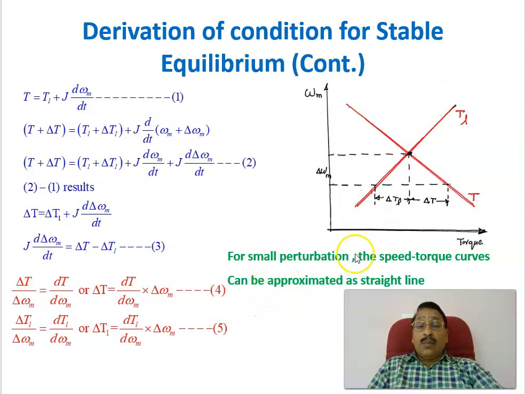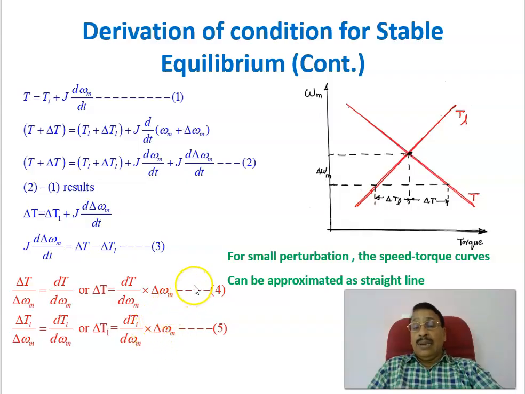Now for a small perturbation, the speed torque curves can be approximated as a straight line. That is, if the disturbance is very small, it can be approximated as a straight line. Under this condition, delta T by delta omega m can be equated to dT by d omega m, or delta T can be written as dT by d omega m into delta omega m, and delta TL by delta omega m equal to dTL by d omega m, or delta TL equal to dTL by d omega m into delta omega m.